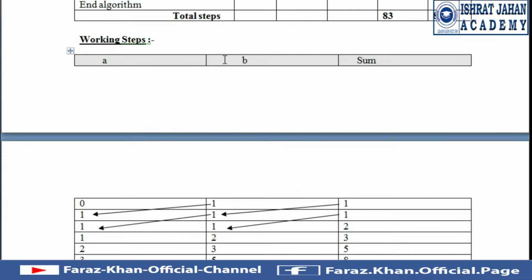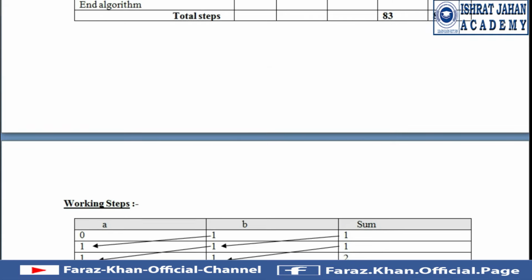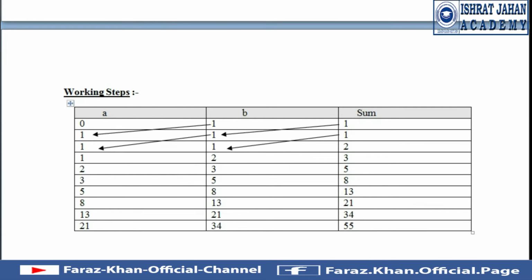You can see that in the working steps. A is equal to 0, B is equal to 1, 0 plus 1, sum is 1. Now I have assigned B in A, so A will become 1. I have assigned sum in B, B will become 1. So 1 plus 1 is 2, right?